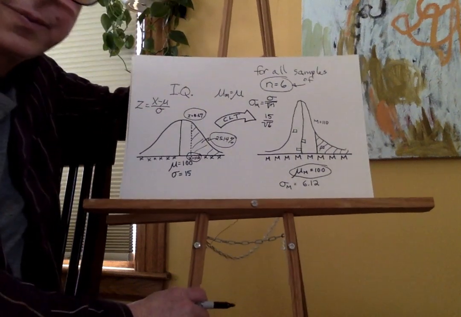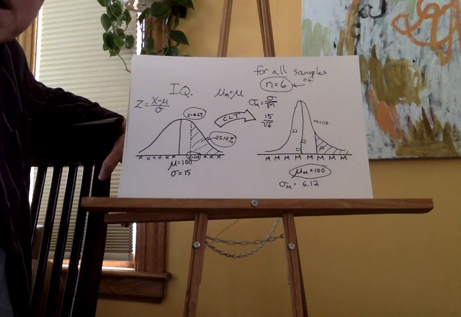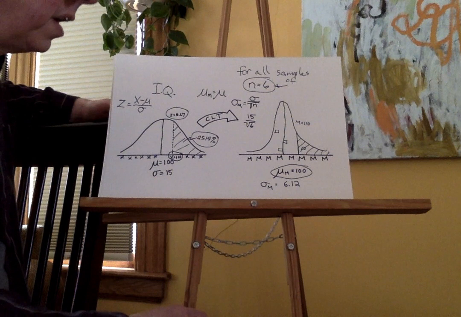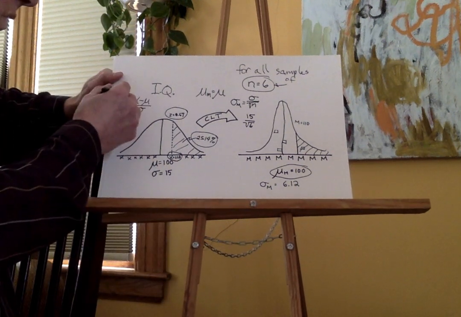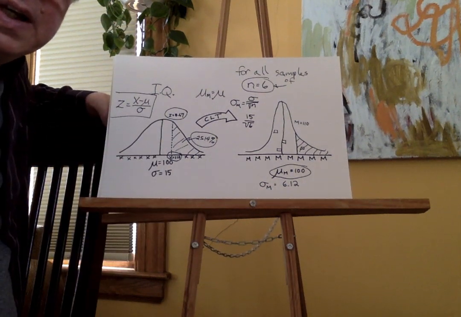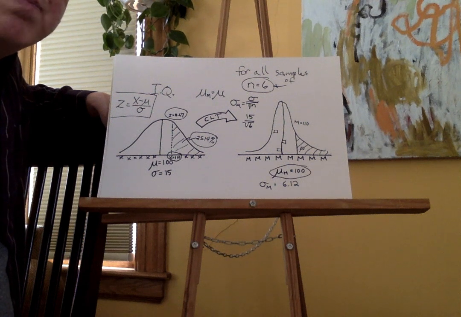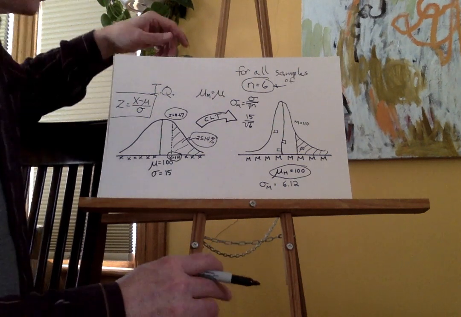Let's take a look. Now, this seems like it's kind of a standard z-score question. If I ask for individuals, I would just use this formula here, right? Standard z-score formula. In this case, I'm asking about the sample mean for a sample of 6. But let's take a look, okay?